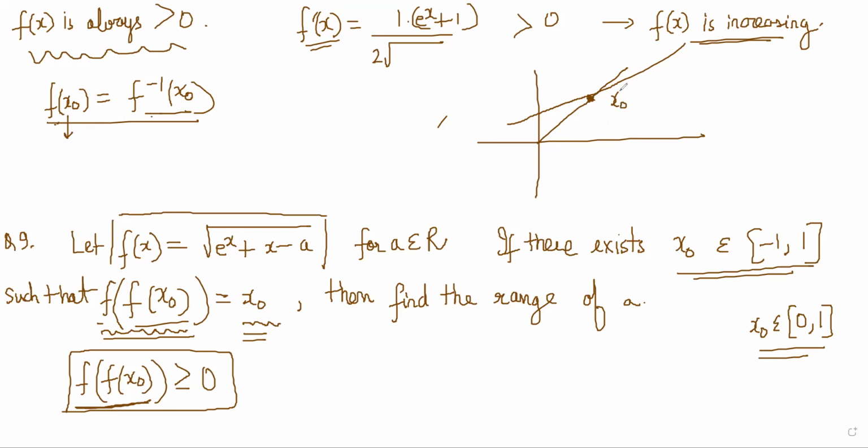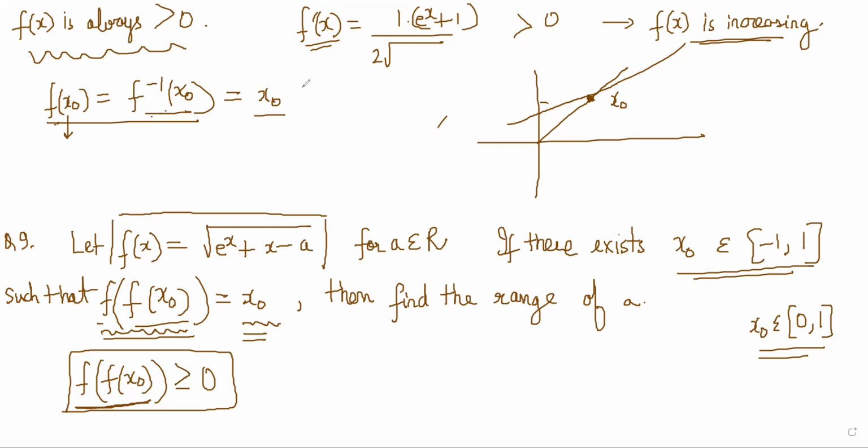If they are meeting at some point, then they will meet on the line. Function and its inverse, if they intersect, will intersect on the y = x line, nowhere else.